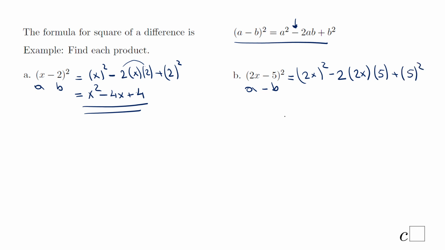So let's see what we get. The quantity 2x squared is 2x times 2x, that is 4x squared, minus, again, 2 times 2 is 4, times 5, 20x, plus 25. So very important, that minus 2ab, don't forget about that.